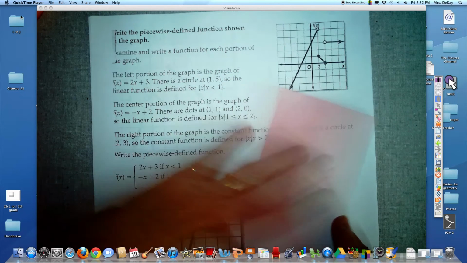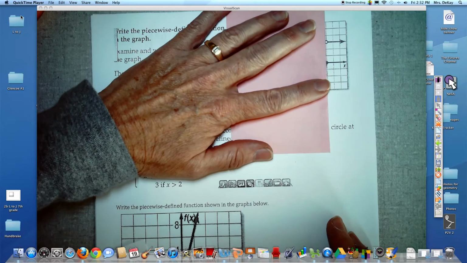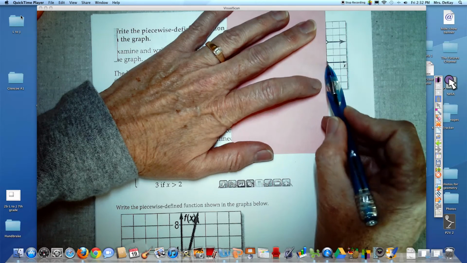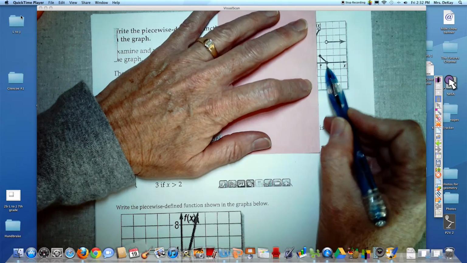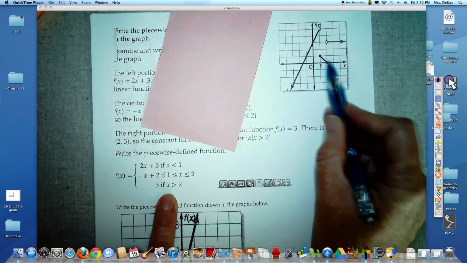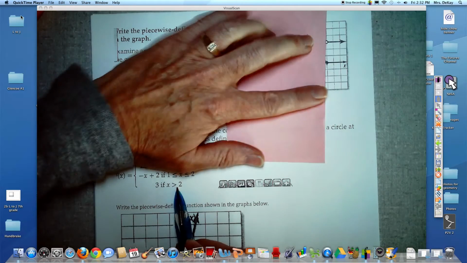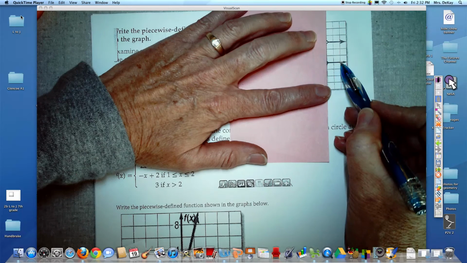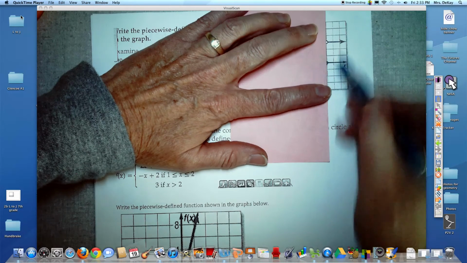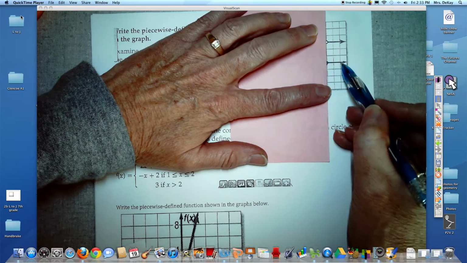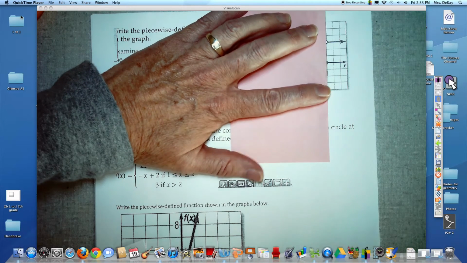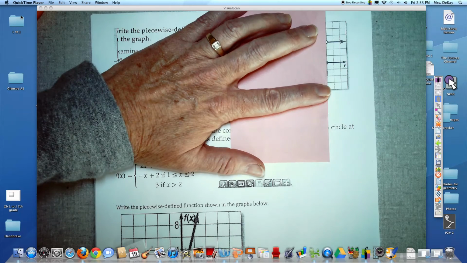And the other thing that happens is this piece of the graph, which happens right at 2 on x. So it's greater than 2. If I pick any value of x, like 3 or 4, my graph is here. If I pick numbers greater than 2, that's where my graph is.